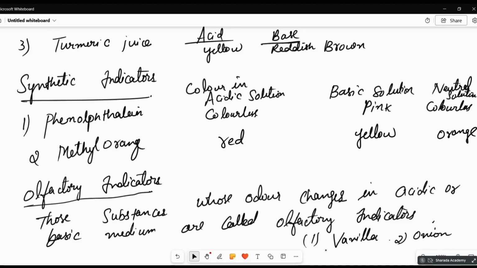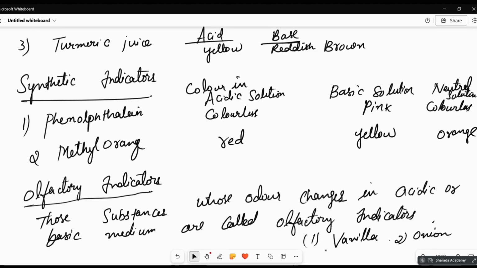The common salt that we use is also a neutral salt. What is that salt? Sodium chloride is the salt we use. Its pH is 7.